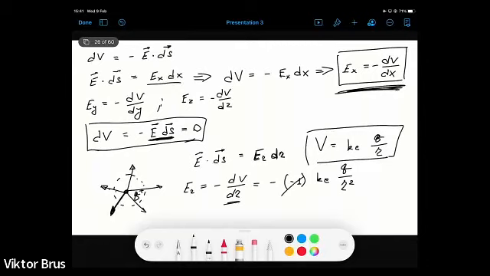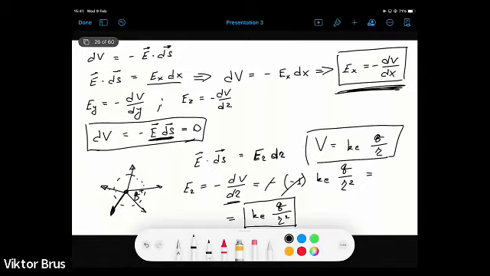So we cancel out these two minuses, and eventually we get the expression Ke times Q over r squared. And that is the expression which we derived a long time ago for electric field distribution around a point charge as a function of distance from a given point to the electric charge.